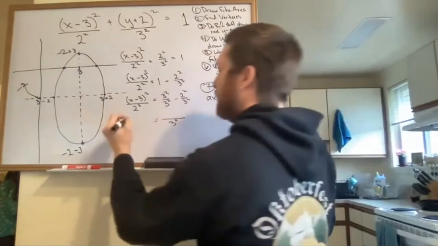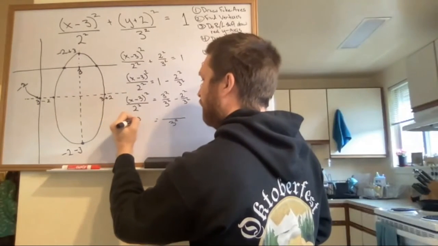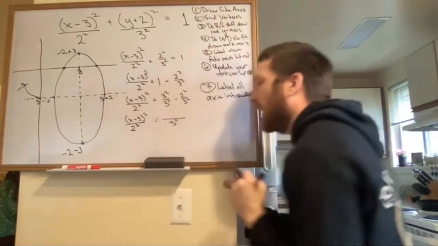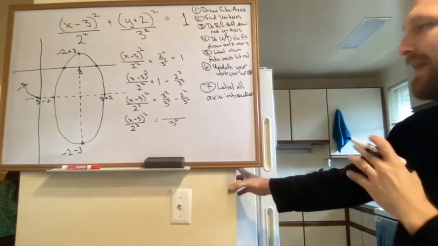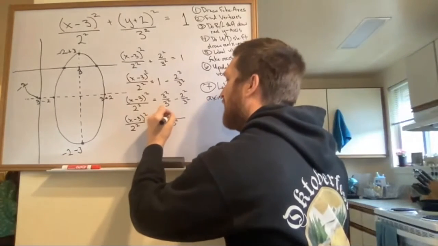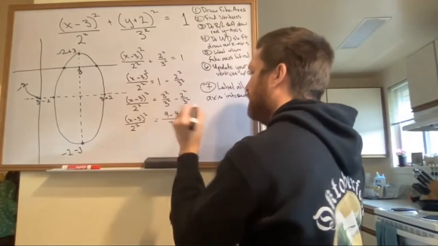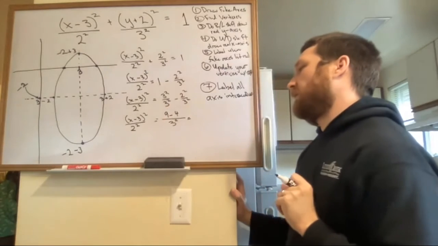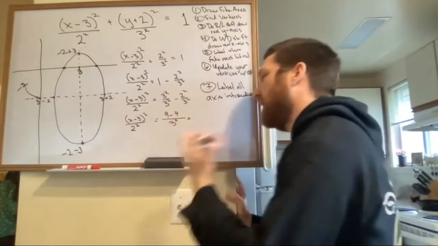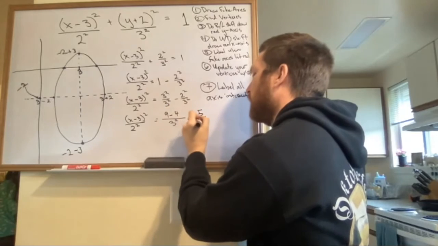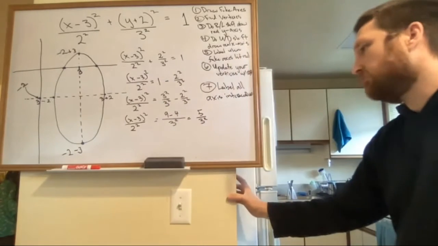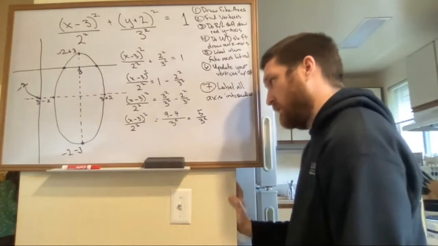Let me finish up the left-hand side. Okay. Now the numerator I am going to change. 3 squared minus 2 squared is the same thing as 9 minus 4. Nine minus 4 is 5, so we have 5 over 3 squared. I did not write it as 5 over 9. I could have, but I chose not to.